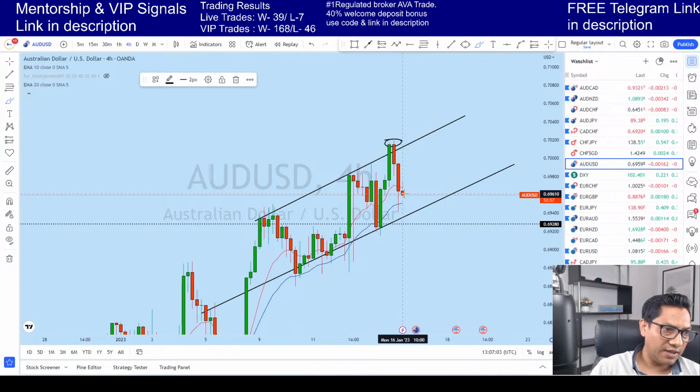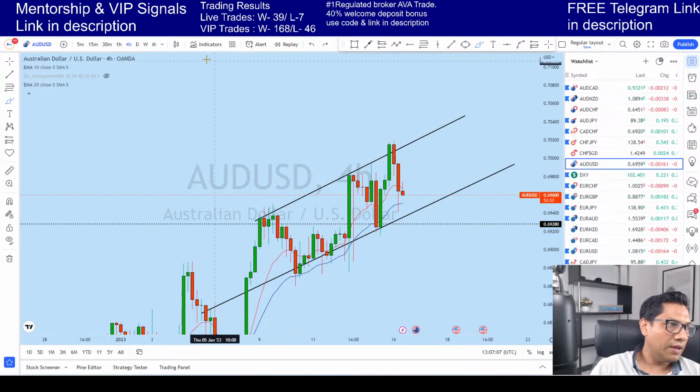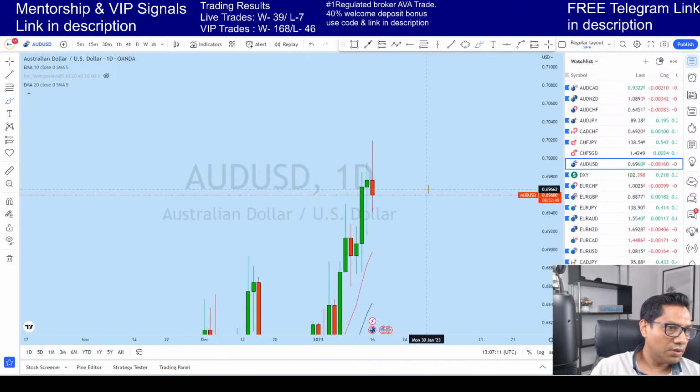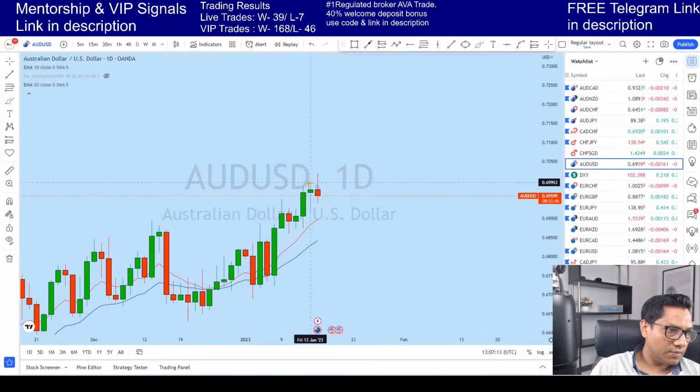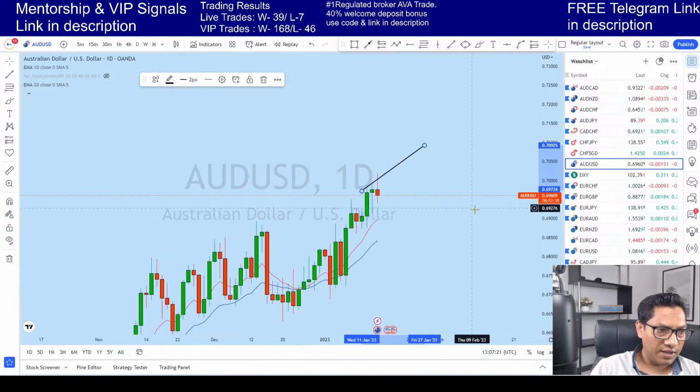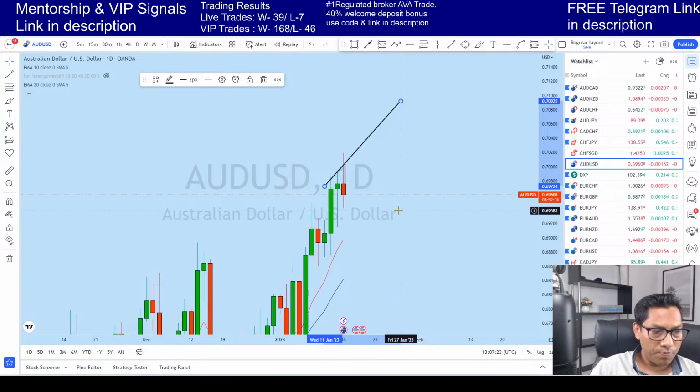This is a sign that the price might break this level here. Let me show you how it looks on the daily. Delete this channel. You see that on the daily, back to back for 2 days there was a smooth trend line, but on the third day the price overextended to the upside. It is a sign of continuation, or the drop.